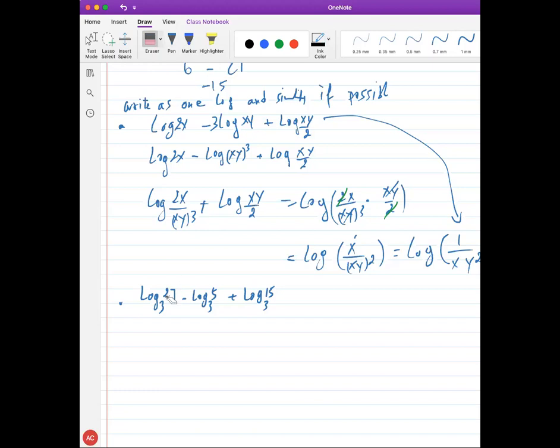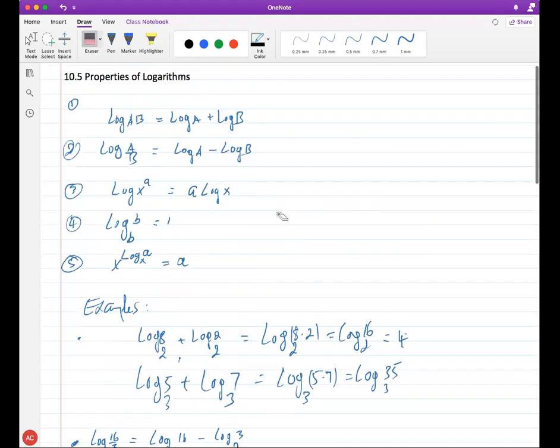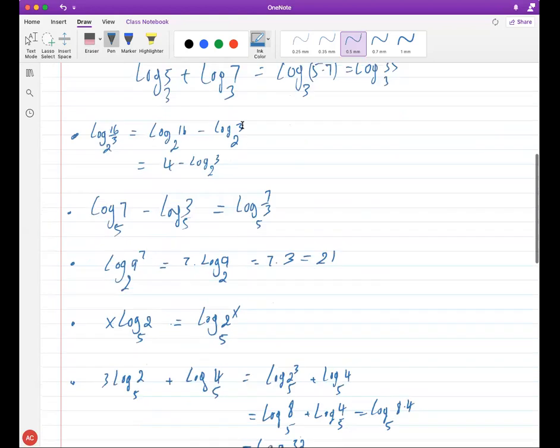Let's make a 3 here and a 3 here. All right, so we have a bunch of logs. Again, without a calculator, we're going to see how to simplify this. The answer may end up being a log of something we can't find without a calculator, or if we're lucky, it could be just a number, let's say 5 or 6. We do know some rules, so we're going to apply all these rules and simplify.